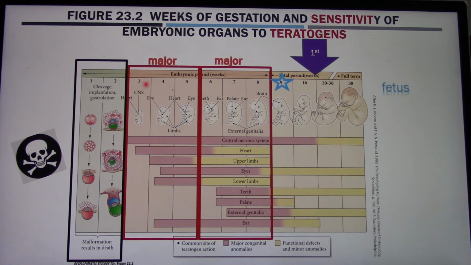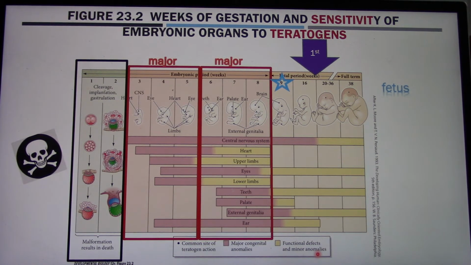So everything we've talked about up to this point is the first trimester. And then after that, you've got fetal development. Shown in yellow, if you have exposure to teratogens, you have functional defects and minor anomalies. So you can still cause birth defects by being exposed to teratogens at this period of development, but they're not as severe.